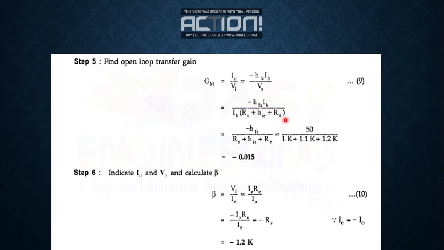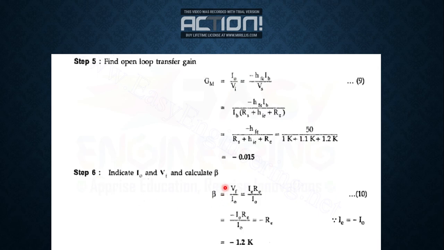That's it. So we can easily cancel IB, and we will end up with this representation. Then by substituting the exact values, we will end up with the GM. That is nothing but the open loop transfer gain, that is the amplifier gain.